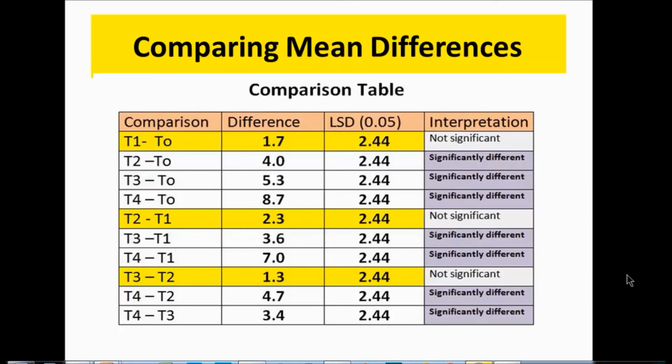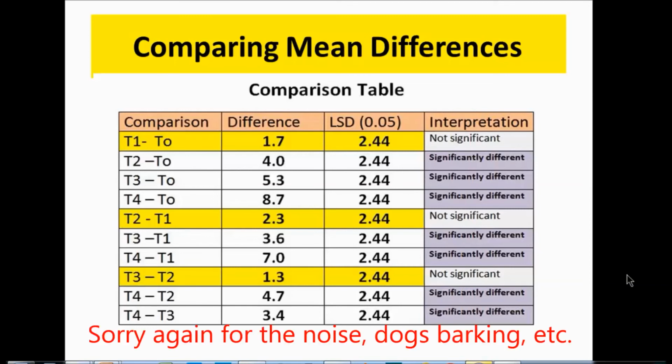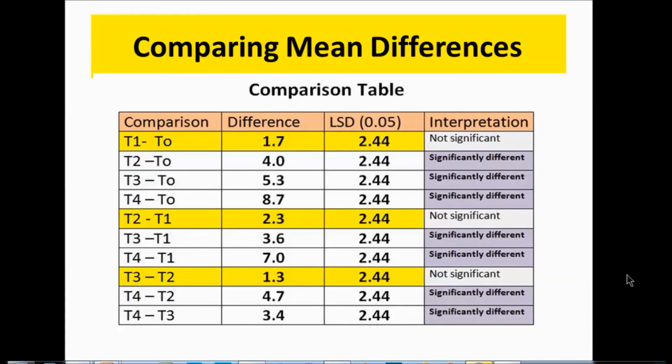The calculated least significant difference, or LSD, at 0.05 level of significance is 2.44. If the calculated LSD is greater than the difference, we interpret it as not significant, meaning the two treatments do not differ significantly from each other.